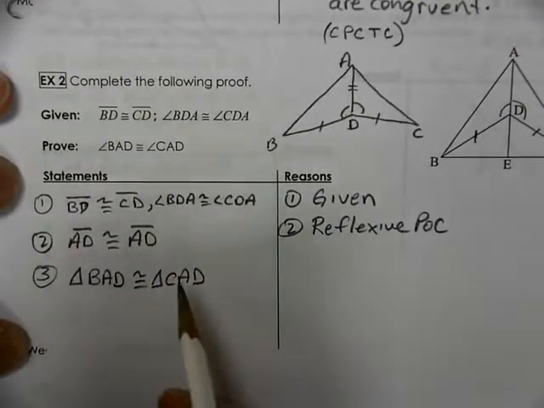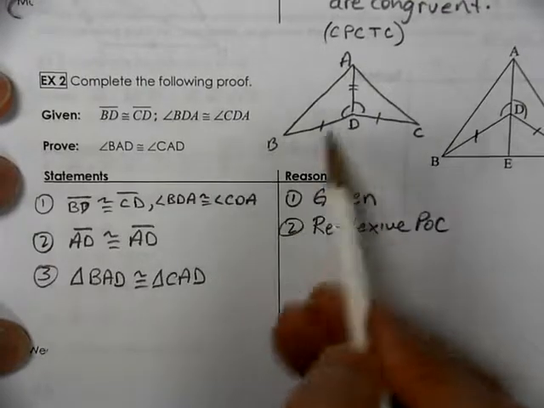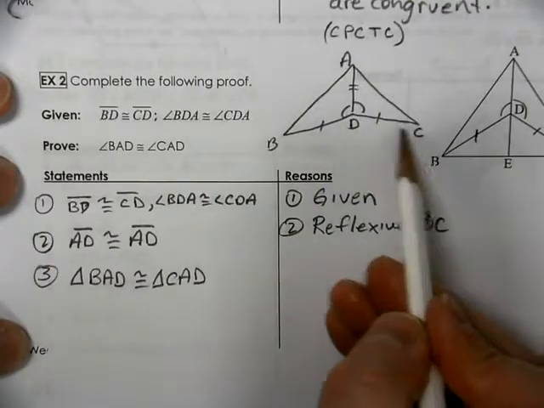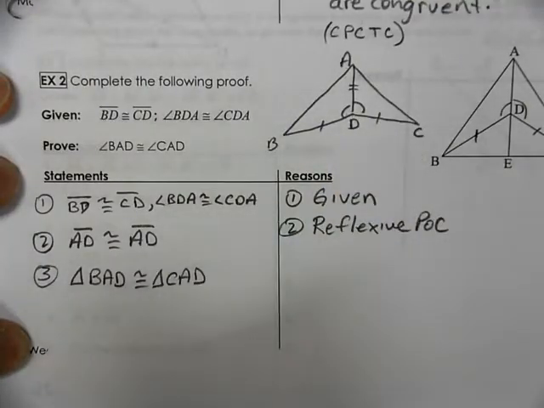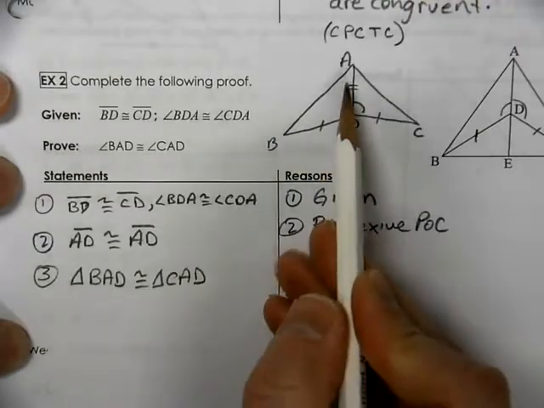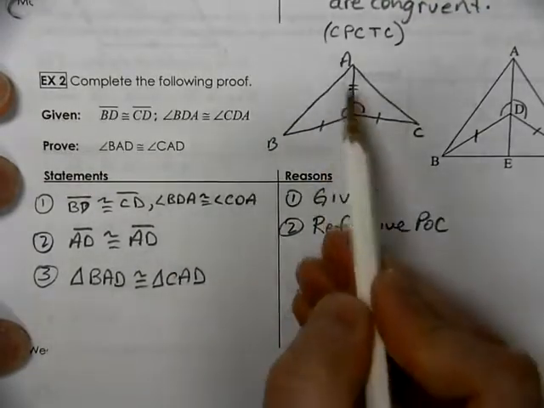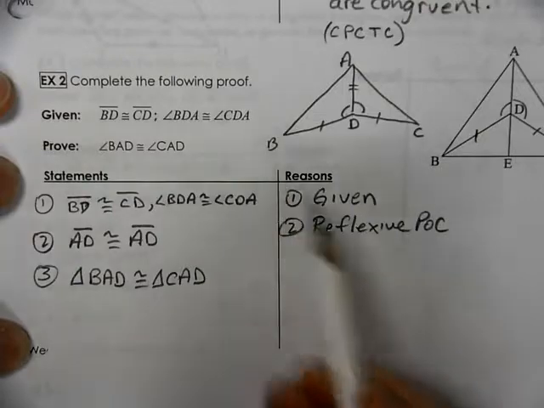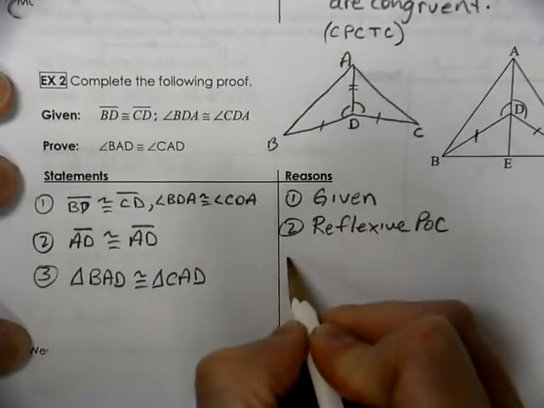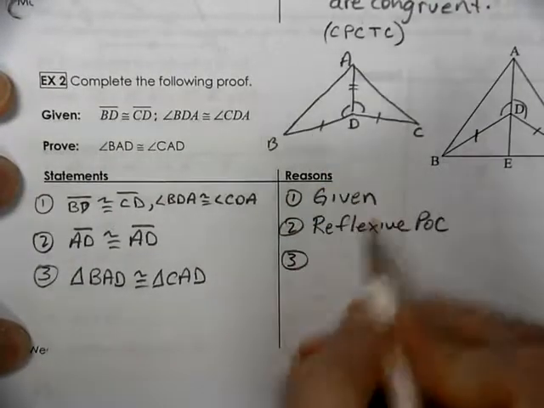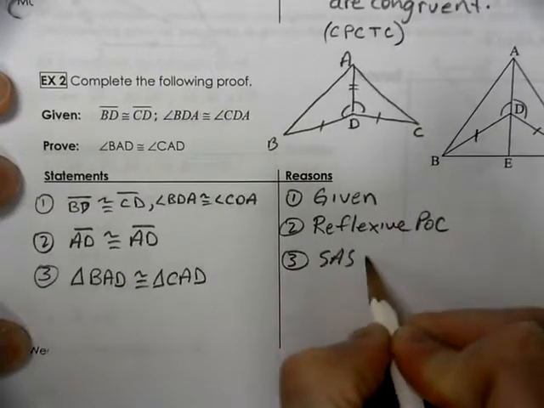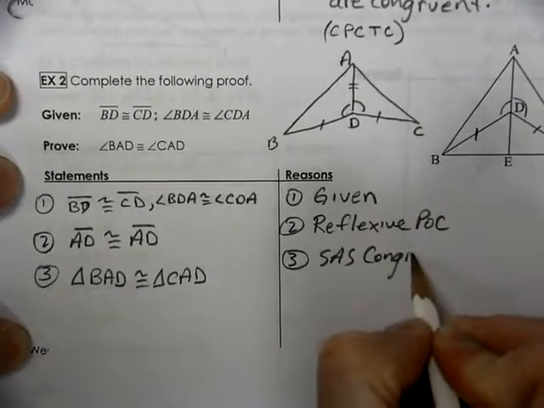They've got to be written in corresponding direction, where BD, first and last, goes with CD, first and last, AD, last two letters, with AD, last two letters. And those triangles are congruent because of side, angle, side congruence.